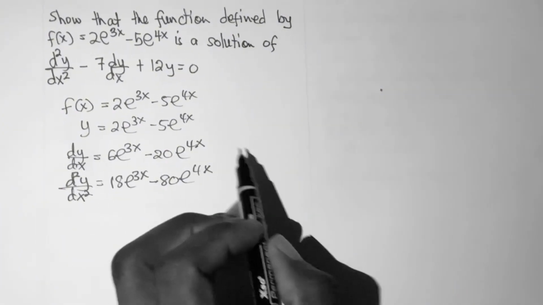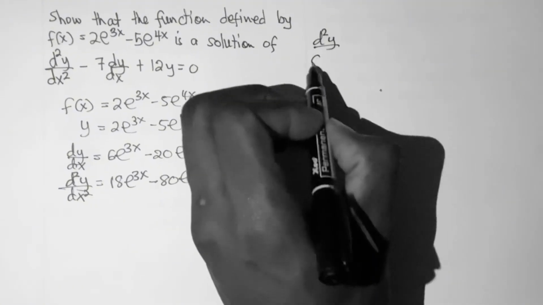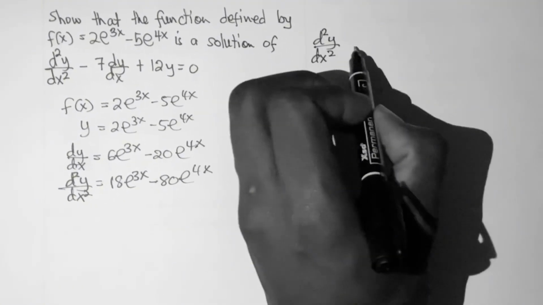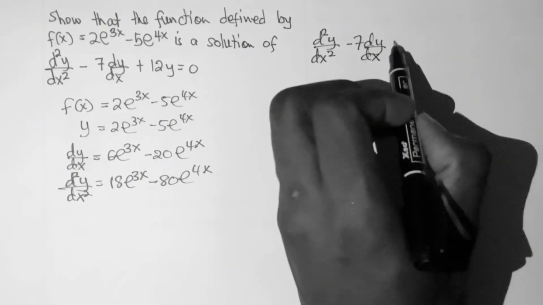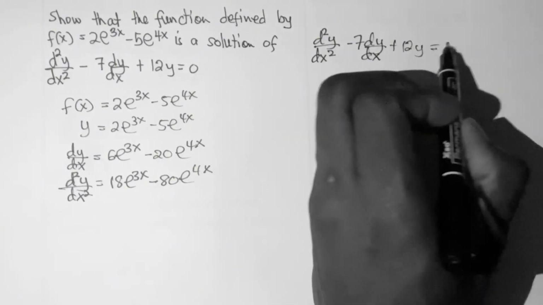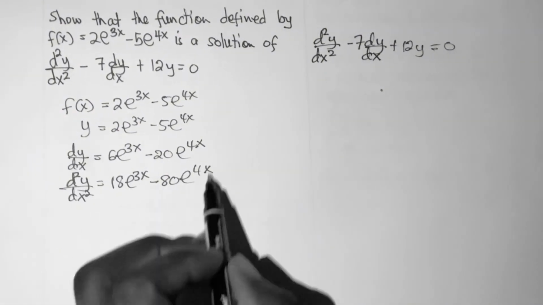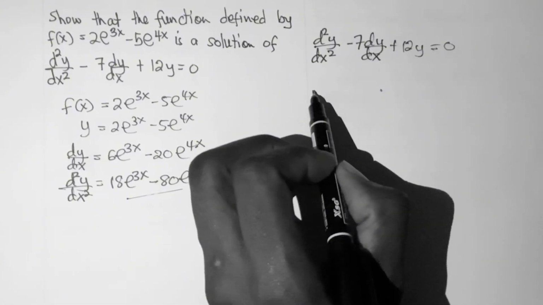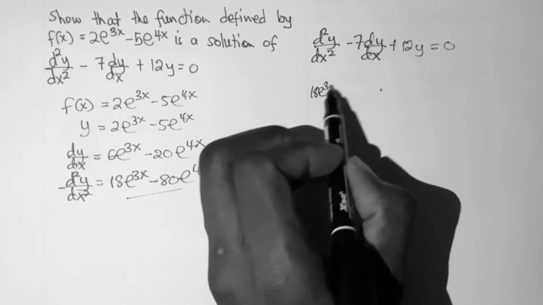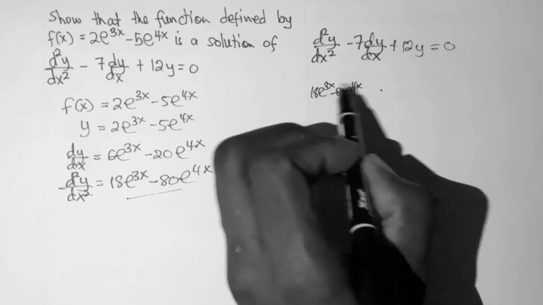So you can see that the equation is d squared y dx squared, then minus 7 dy dx, then plus 12y is equal to 0. But we found d squared y dx squared, which is this. So let's bring it here. So it is 18 e to the 3x minus 80 e to the 4x.